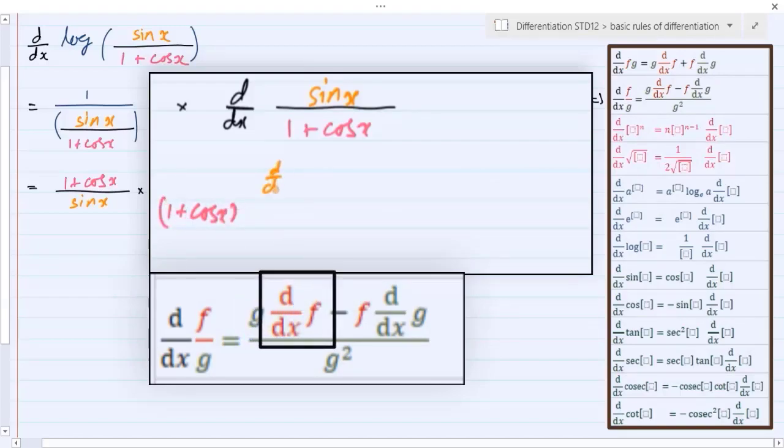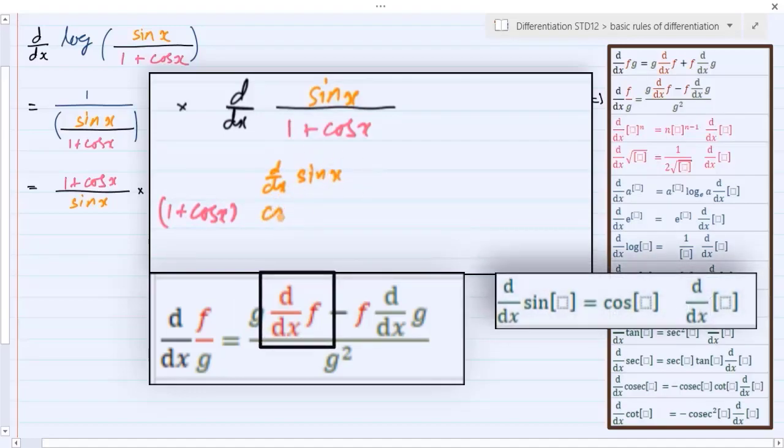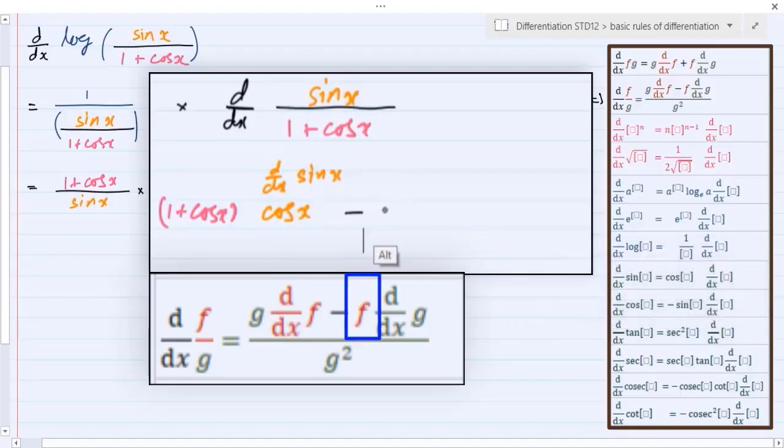We just have to differentiate your numerator, which is sin x. Differentiation of sin x is cos x, minus, in second step, your numerator sin x will be as it is.